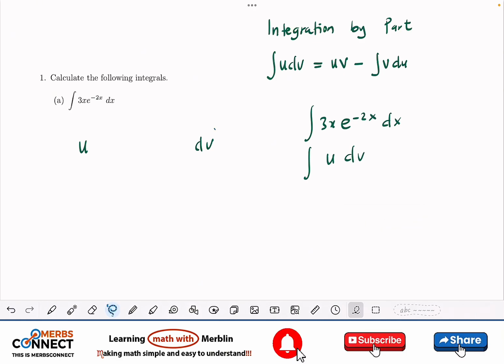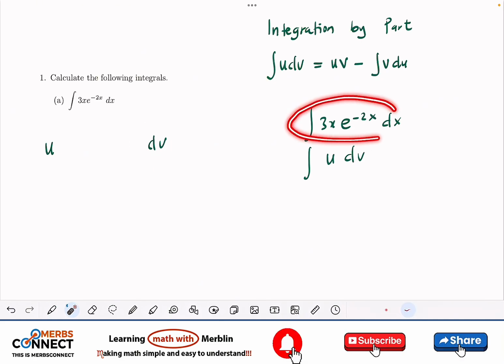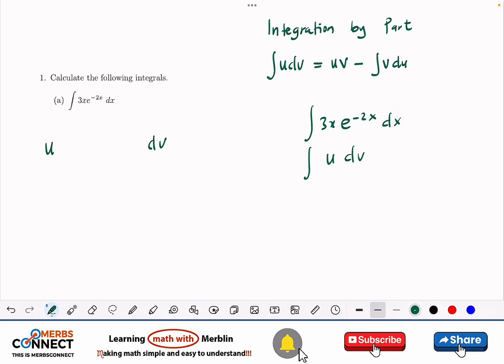Now, choosing my dv and choosing my u is very important, which will lead me to something very nice. So what am I going to do? Anytime I'm doing integration by parts and it's in terms of an exponential function, it's best for me to choose my dv first. Since this is in terms of an exponential function, I will choose my dv to be equal to the exponential function times dx.